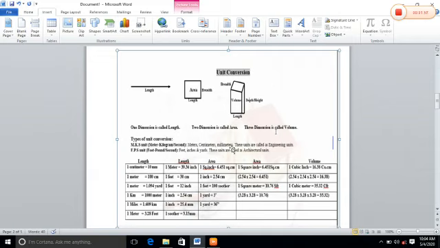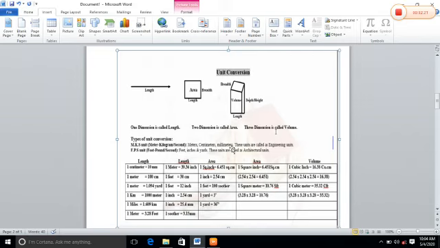Please note one thing: whenever you go from a higher unit to a lower unit, we use multiplication, and whenever we go from a lower unit to a higher unit, we use division.